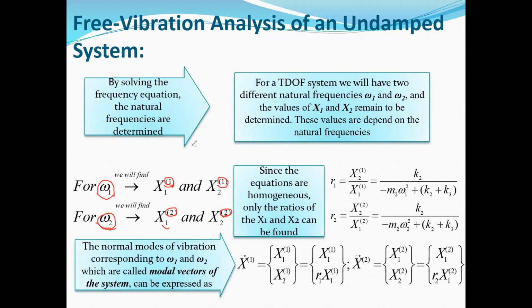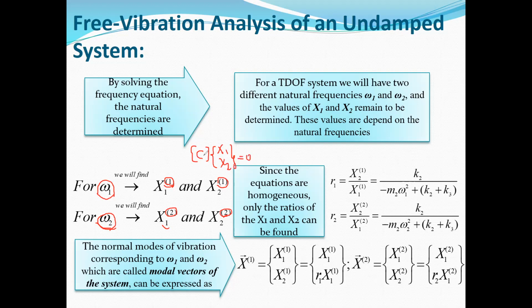algebraic equations. If you remember, I wrote it in this form: coefficient matrix C multiplied by x1 and x2 is equal to 0.